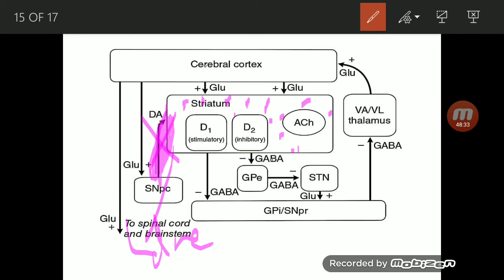Since dopamine is not released, your signal from your cerebral cortex activates both your direct pathway and your indirect pathway as well. So you get both a move signal and a don't move signal. So it hampers your basic movement.